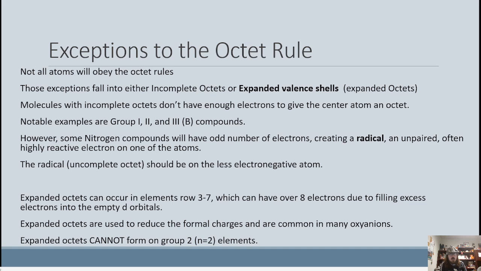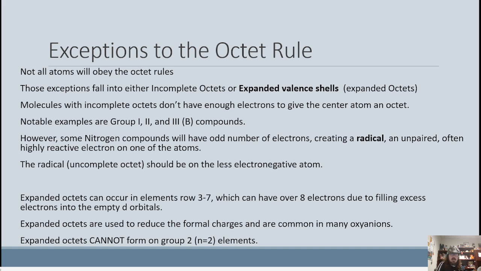That means not carbon, not nitrogen, not oxygen, not fluorine, but any of the other atoms can achieve an expanded octet. Why? Because 1, they are bigger, and 2, remember, rows 3 and beyond have access to that empty d orbital. Because they have access to that empty d orbital that's not being used, they can put any excess electrons into that d orbital and thus stabilize it.